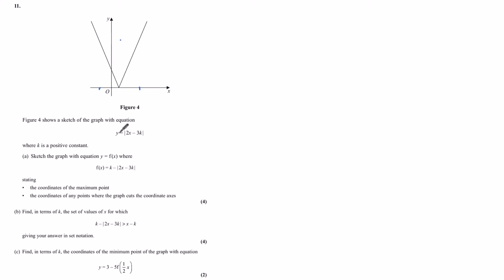On my original graph, when y is equal to 0, this x value must be 3k over 2, because 2 lots of 3k over 2 minus 3k is 0. So immediately from looking at this equation, I can see that my maximum coordinate is going to be (3/2 k, k).